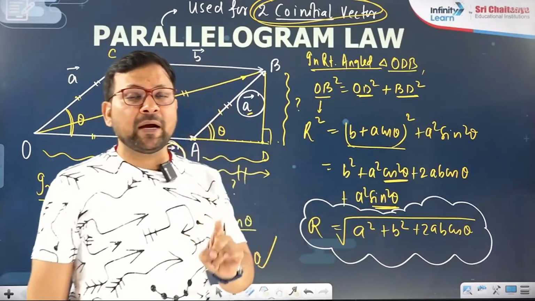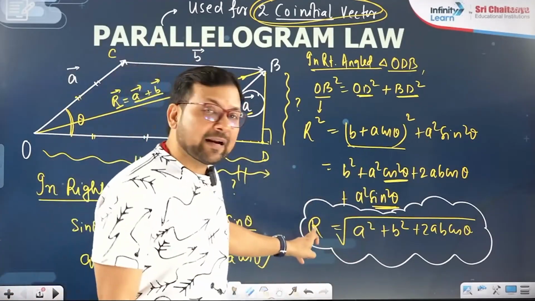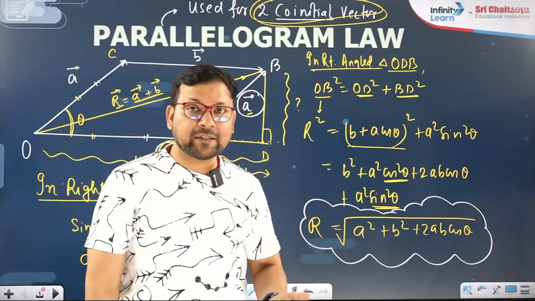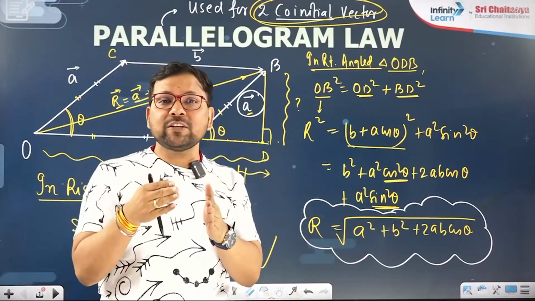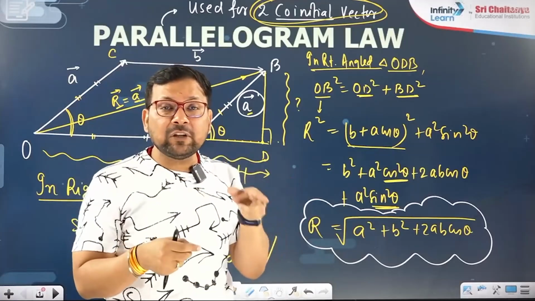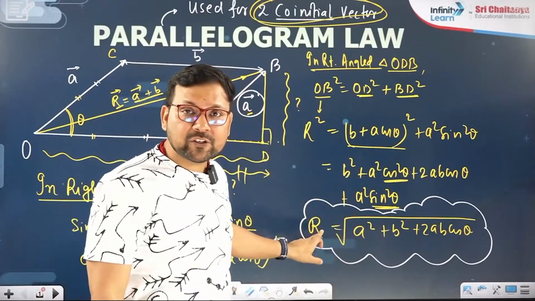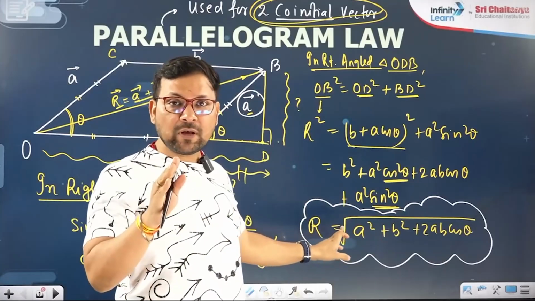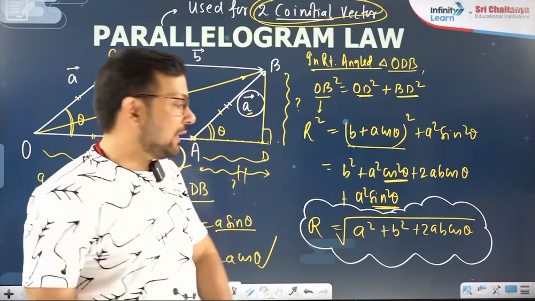But always keep in mind, this is a very fundamental mistake any kid can do. This is not vector addition, this is the magnitude of vector addition. Huge difference. Vector addition will be a vector, and that vector will have magnitude and also direction. So have we found vector addition? Answer is no. We have found the vector addition magnitude, a numeric value.